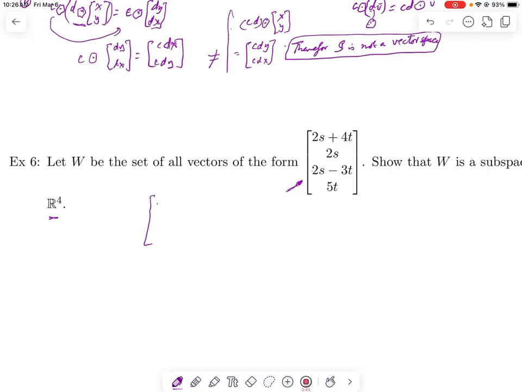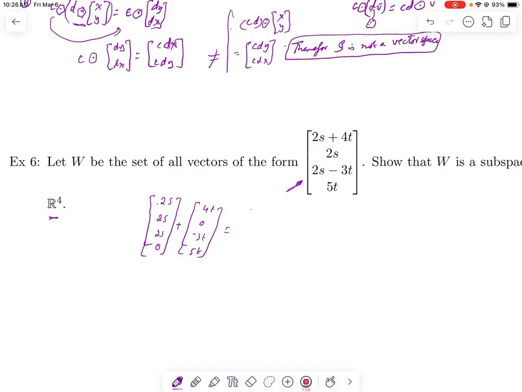So you know that this type of vector can be thought of as 2s, 2s, 2s, 0 plus 4t, 0, negative 3t, 5t.